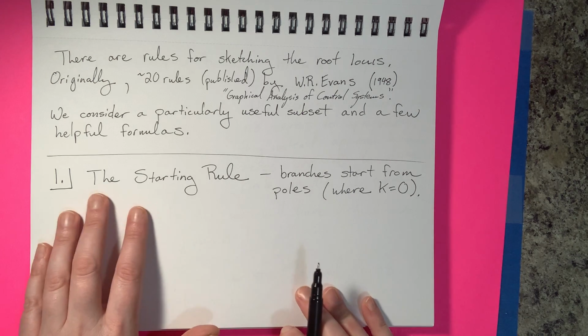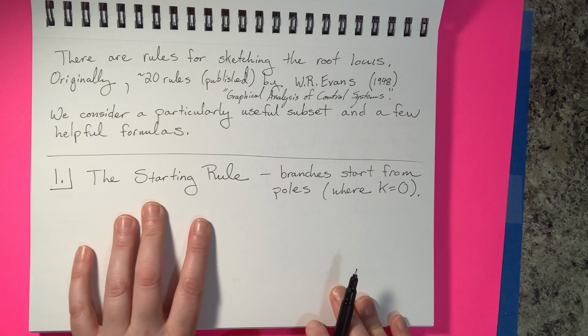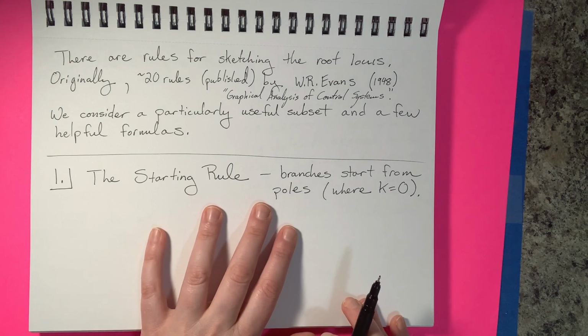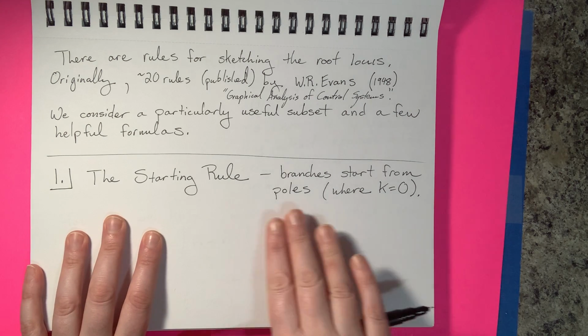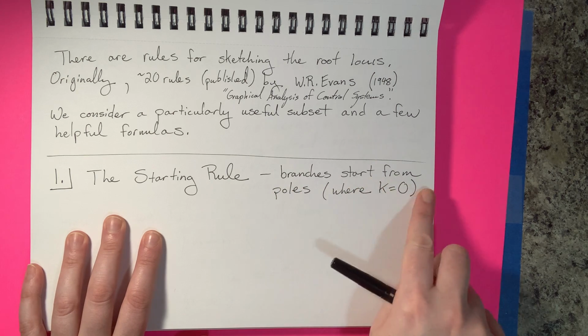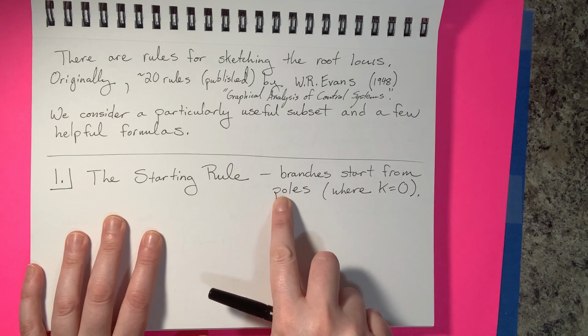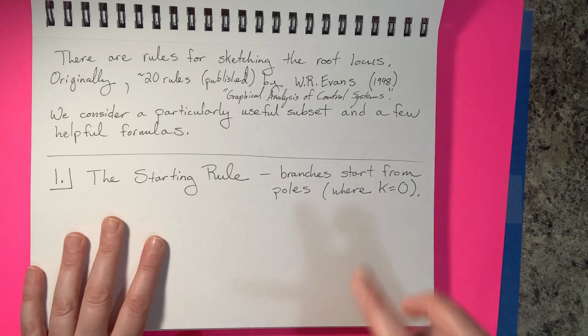Okay. All right, so the first one that we'll talk about is called the starting rule. The starting rule states that the branches start from the poles, and that the poles are where k equals 0.